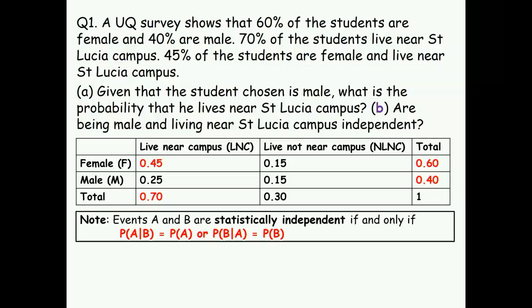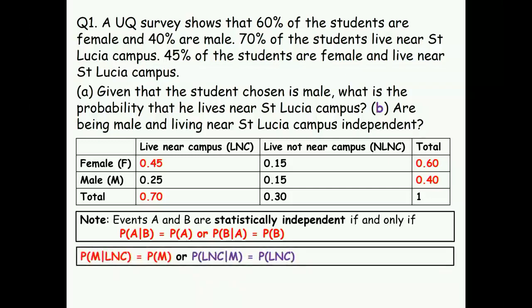If not, it is not independent. So the question is asking whether being male, M, and living near St. Lucia, L and C, are independent. Instead of A, B, you put male and living near St. Lucia. So either this must be equal to this one, or this must be equal to this one.